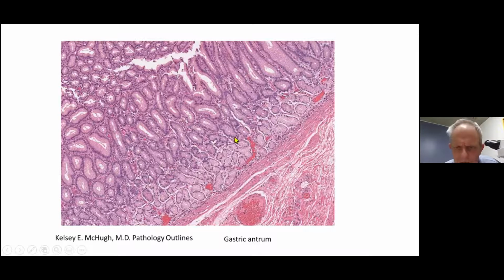Once again, notice a relative paucity of lamina propria and also inflammatory cells between the gastric glands. Not quite as closely packed as the oxyntic mucosa, but certainly more closely packed than the cardiac mucosa.